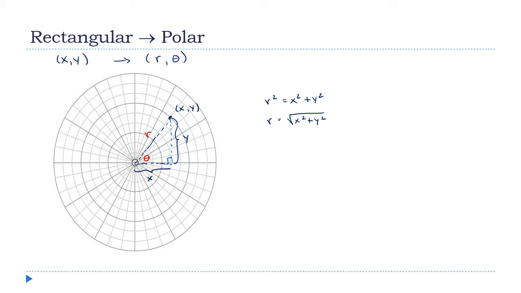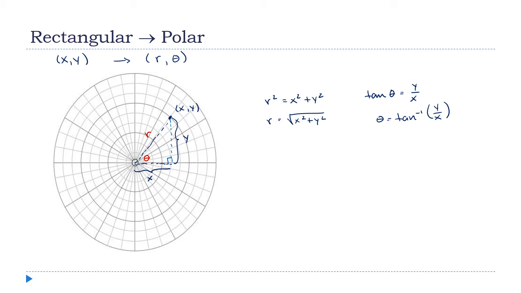And now how about theta? Well, I know that the tangent of theta equals y over x. And then let's take the inverse tangent of both sides. Theta equals the inverse tangent of y over x.